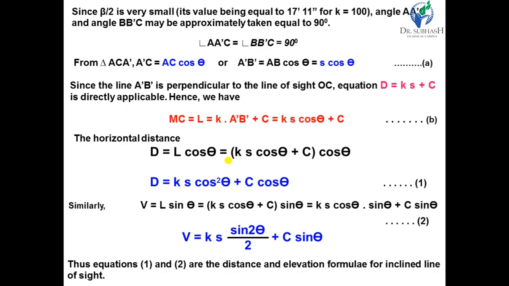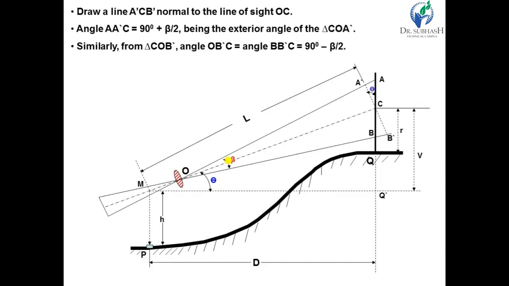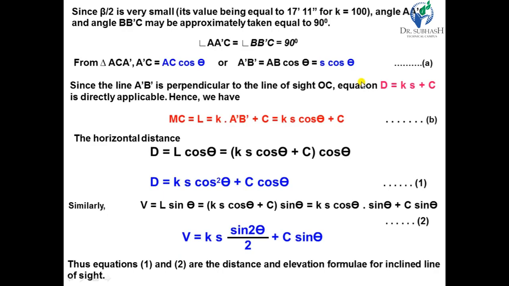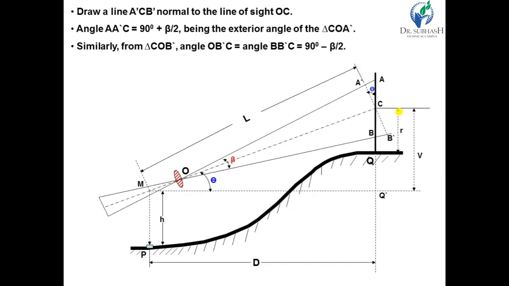So from triangle A dash C in the picture, A dash C is equal to AC cos theta. The value of A dash C is equal to AC cos theta.